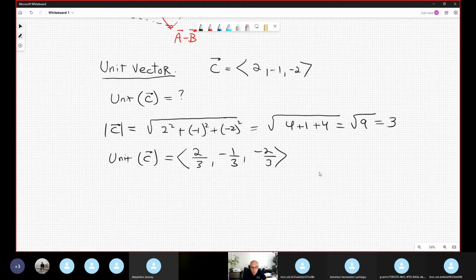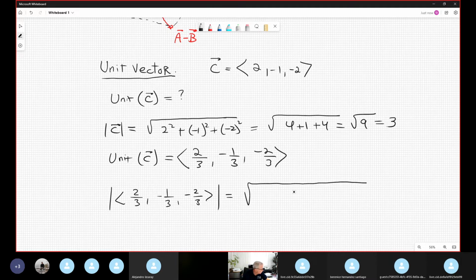Yeah. Look, let me prove. This is the procedure. Suppose I find the magnitude of this UniVector. The magnitude of this vector 2/3, negative 1/3, negative 2/3 is a square root.